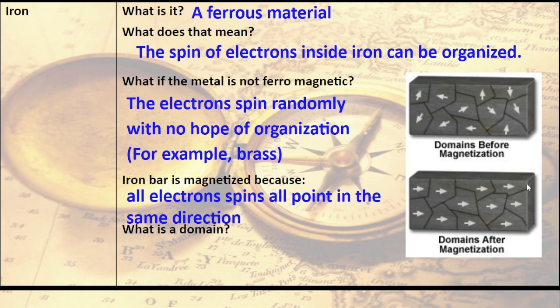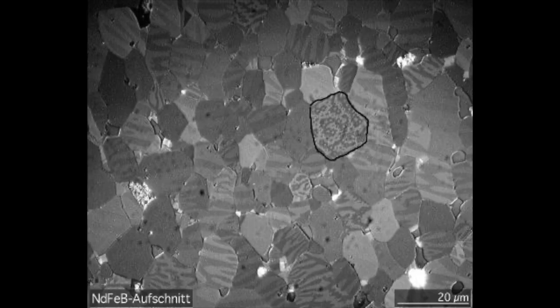We need to talk about domains, because we see domains here and domains there, and it says domains before, domains after, but what exactly is a domain? Well, a domain is a section inside that ferrous material. If we were to zoom in on a piece of iron, we actually would see little sections inside that piece of iron.